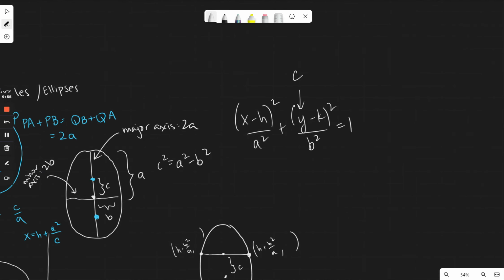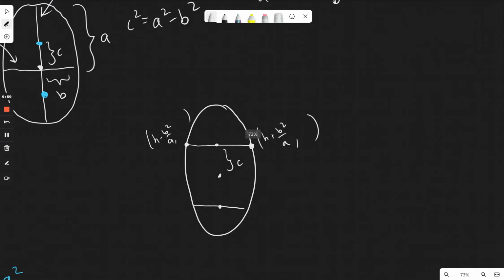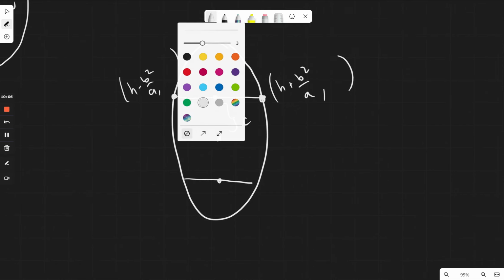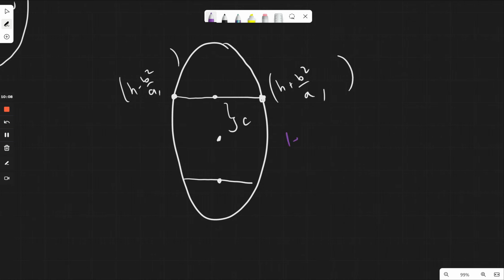I'll plug in the y-coordinate of the focus for y, and then I'll solve for x. But if you need to know this right off the top of your head for a team round or just something fast, it is good to know that the length of the latus rectum, the whole thing from here, is 2b squared over a.